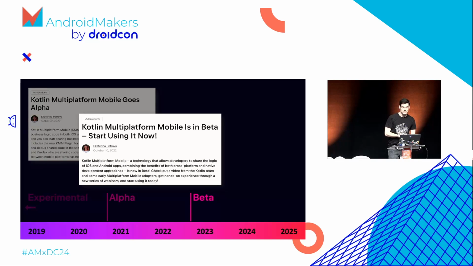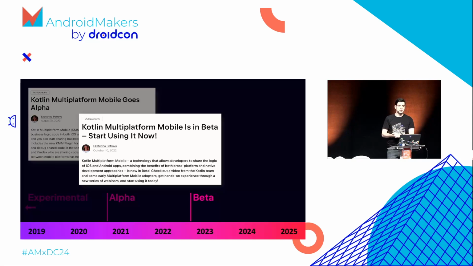Then beta was a big milestone in 2022. Here, the headlining feature was the new memory model landing. Previously, when you had concurrent access to objects, you would have to use special APIs to freeze those objects and things like that, which made it a bit difficult to write shared code that will be compiled to native, because native worked differently.